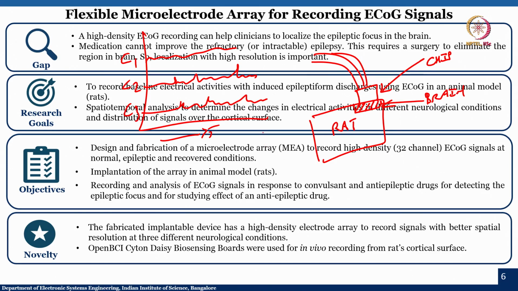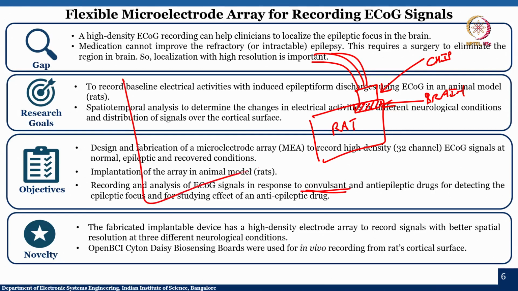Now, what I want to do is, initially I want to create an epilepsy. Initially I just measure the baseline, which would be the normal EEG signals, and once I measure the baseline, I will create an epilepsy by using convulsants. Convulsants are drugs that cause epilepsy in the brain.